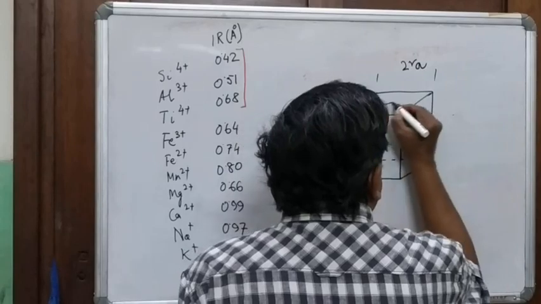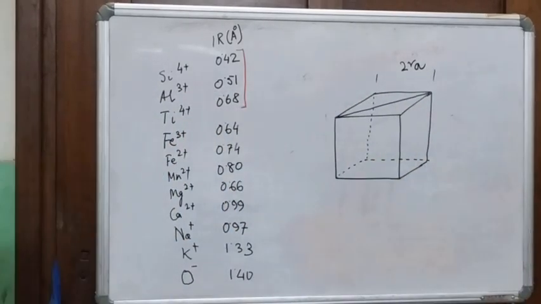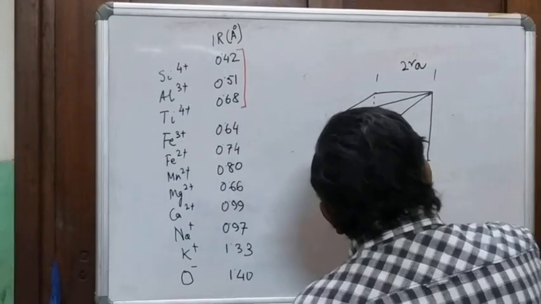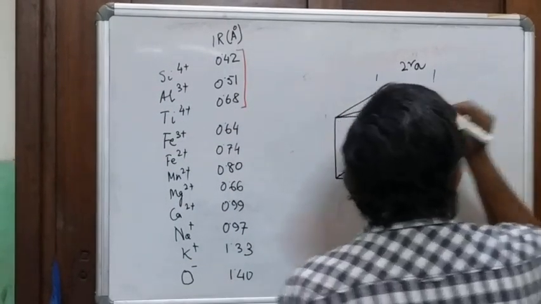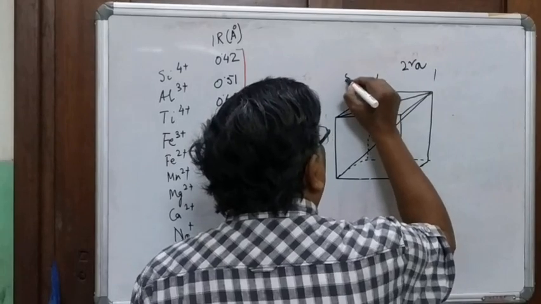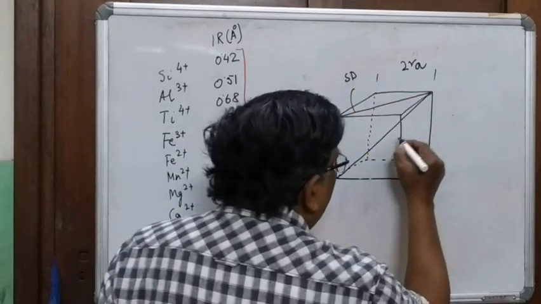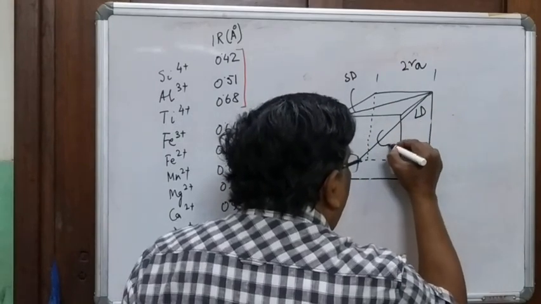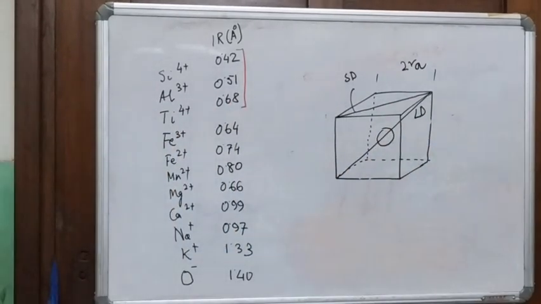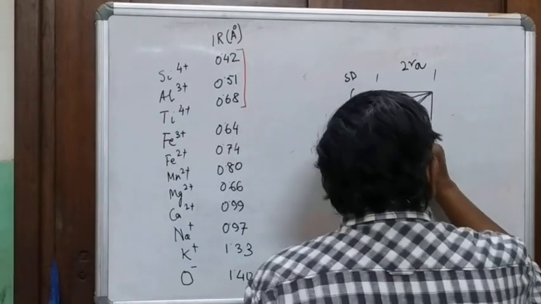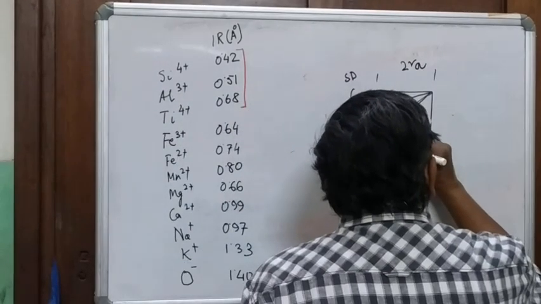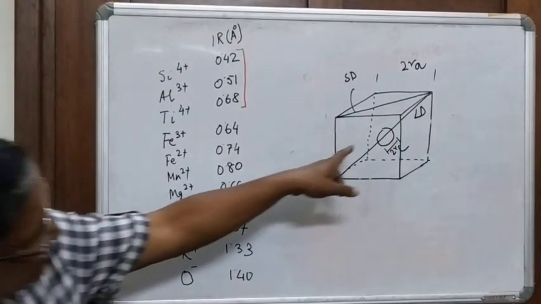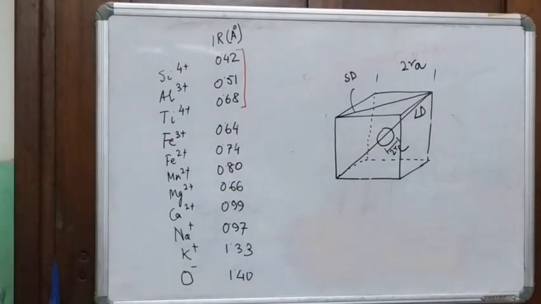So this is the diagonal of a face, right? The diagonal of a face, and then you will have a diagonal which is here. So this is the short diagonal and this is the long diagonal, and here you will have a cation at the center whose diameter will be 2Rc.